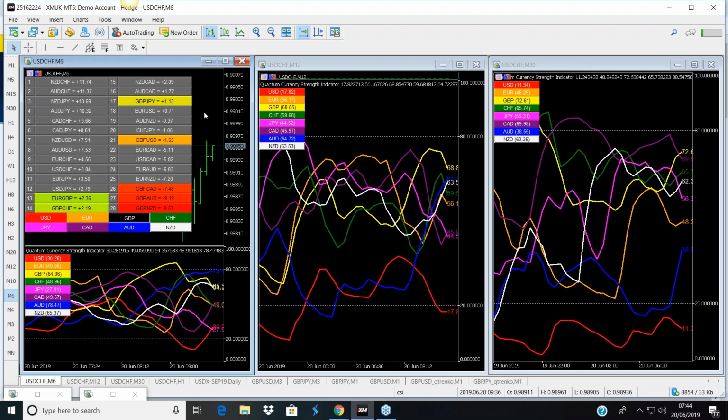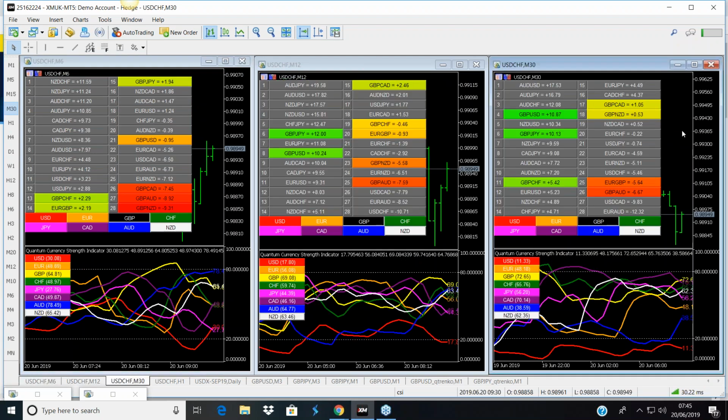The two reasons were, first of all, cable was at the top. Pound yen was following fairly closely behind, and on the 30-minute chart, the pound yen wasn't moving quite as fast, if you like, as cable. But I looked at the chart, and the 30-minute was also on what I call a breakaway from the volume point of control, and I'll show you the volume point of control on the chart.